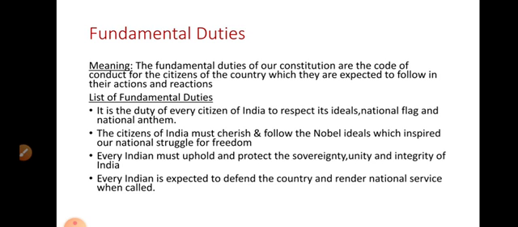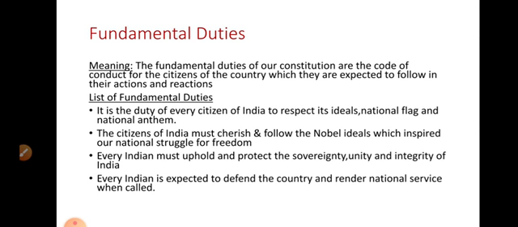What exactly the freedom fighters did, what efforts they took, what struggles they went through to get India's freedom. So for that, every citizen has to follow the noble ideals. They have to remember, recall those things, and adopt them.